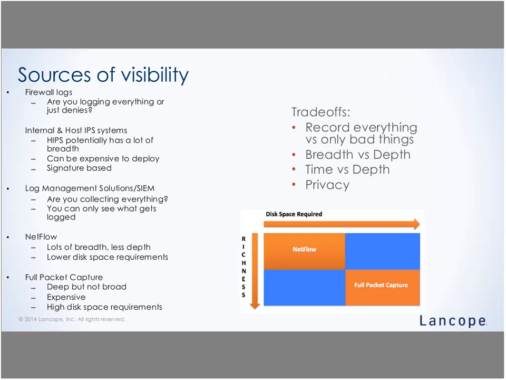So when we talk about this evidence, where do we collect from? What do we look at? There's a handful of things from the network perspective that we can collect. Firewall logs are good, but again, they're very perimeter based, and it's important that we log everything.